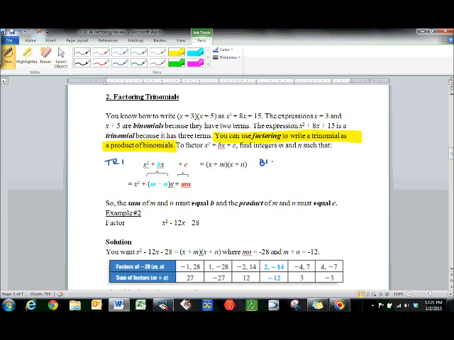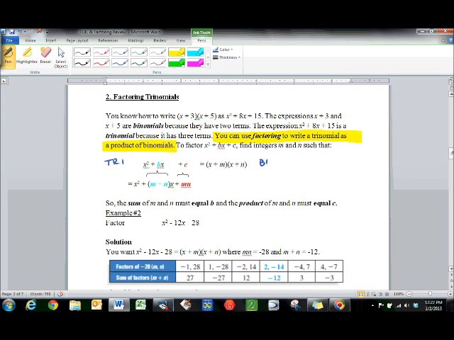Now, there's a pattern that takes place here that you're going to have to become aware of. The outside term, the constant term, is going to be the product of the two binomials' constants, and the inside term is going to be equal to the sum of the particular variables from the binomial.